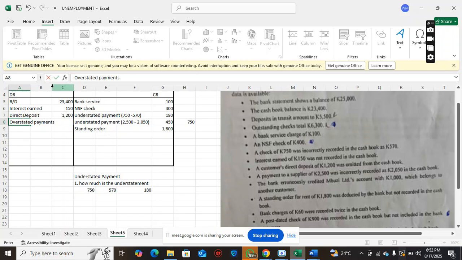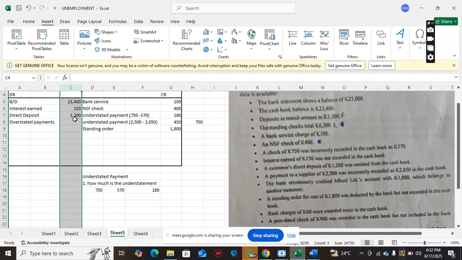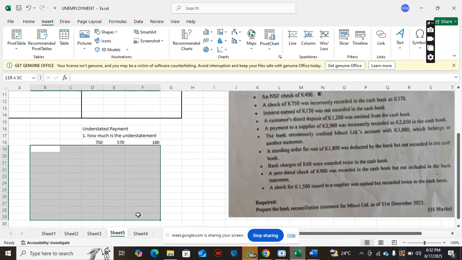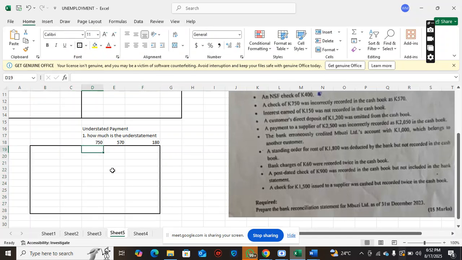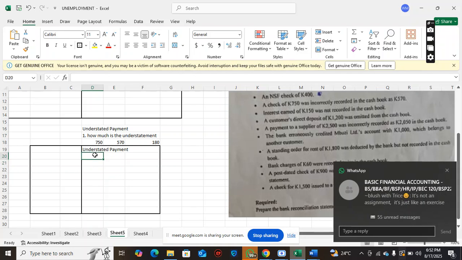Debit side. Yes. Did you see the diagram I drew earlier on? I put the notes there. Did you get it down? Colleagues, get this down. Understated payments, credit side. Overstated payment, debit side.